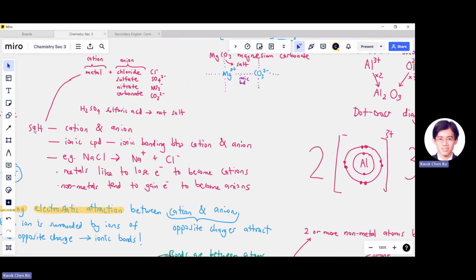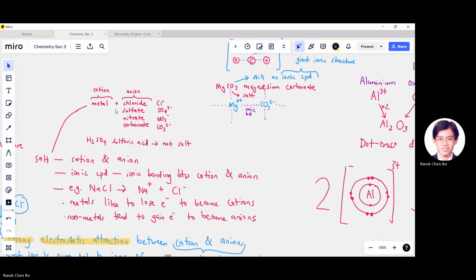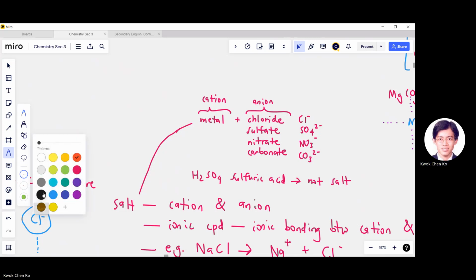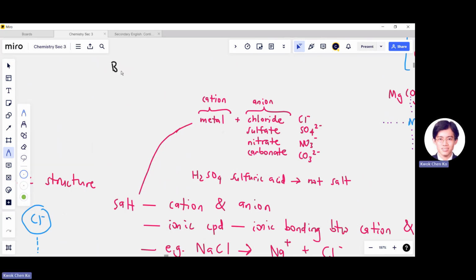Now, just now I said that a salt is a cation plus anions. Now, a base is very similar. A base also contains a cation and anion. Obviously, it's an ionic compound.